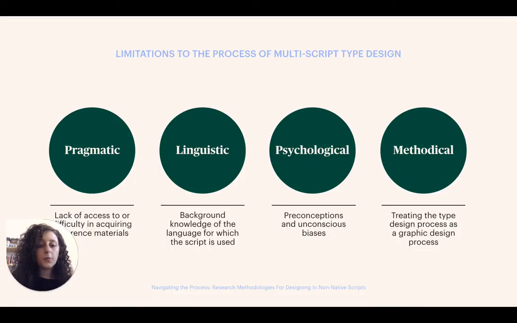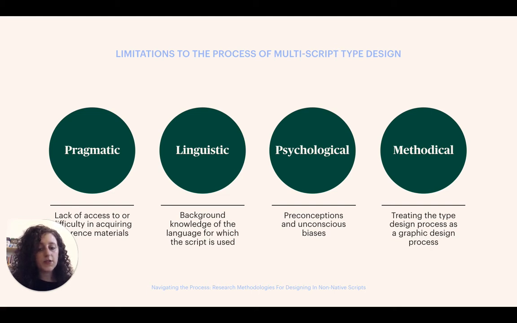One of the most important discussions in these interviews was on the limitations to the multi-script type design process. These are the types of roadblocks that a designer faces when starting a project in a non-native script. First, the pragmatic is a lack of access to or difficulty in acquiring reference materials. This can be especially difficult when dealing with minority scripts.